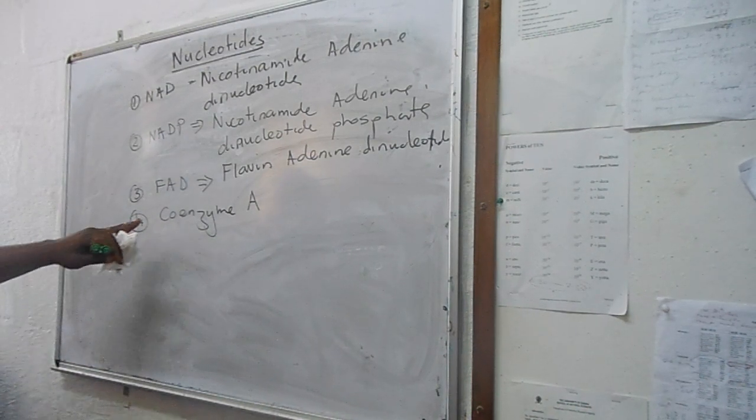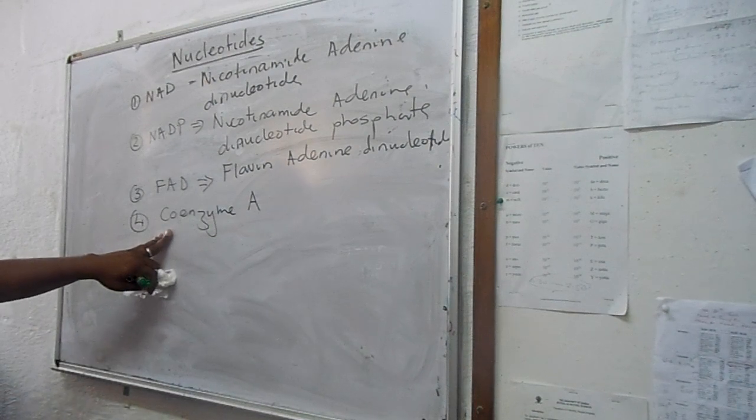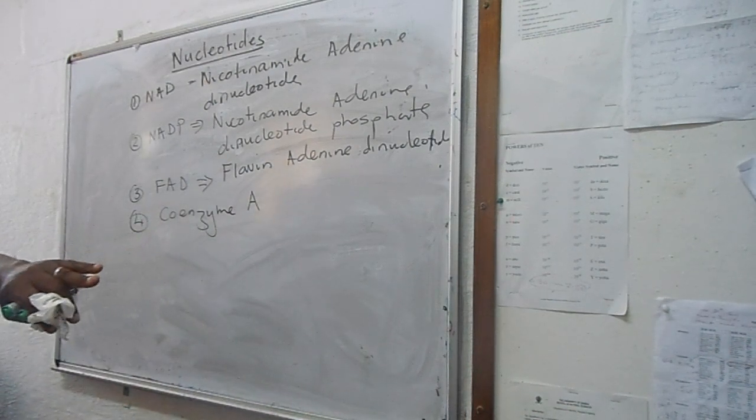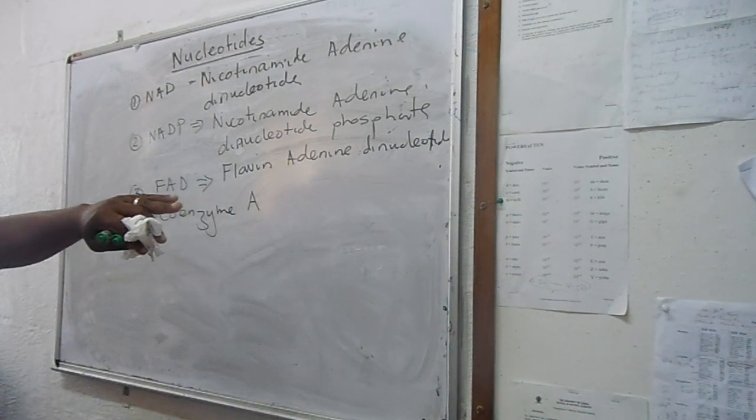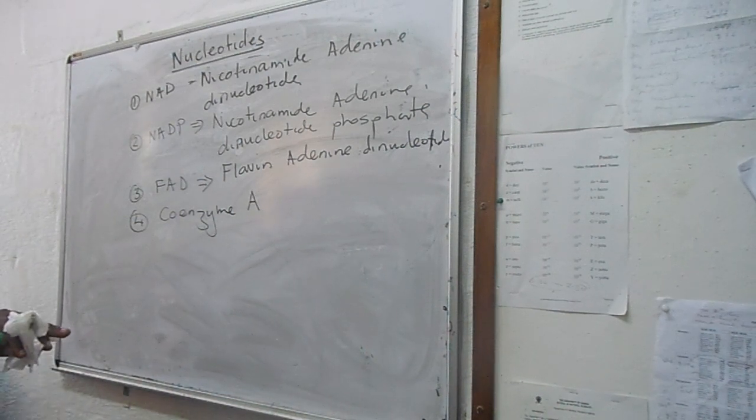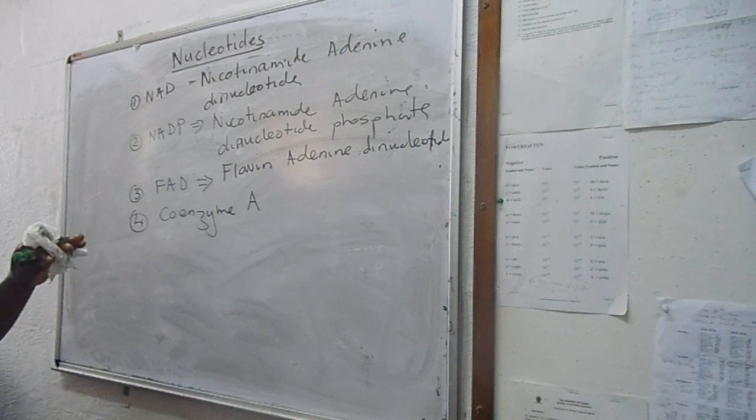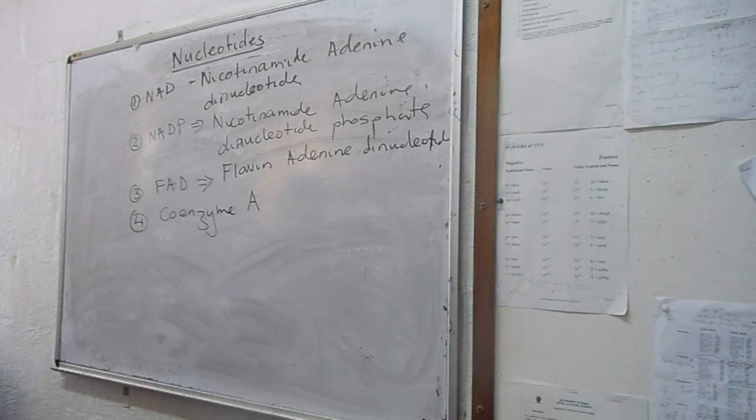Coenzyme A is made up of 3 components: cysteamine, beta alanine, pantothenic acid, and of course we have adenosine also there.